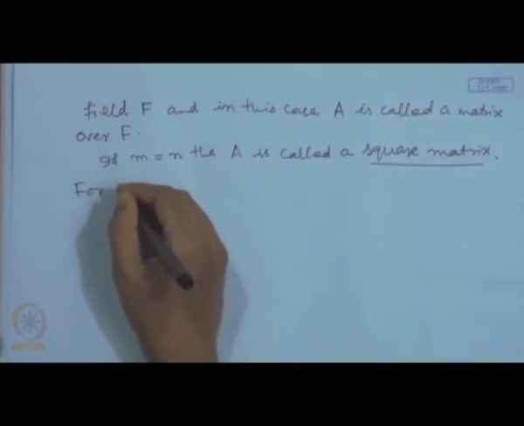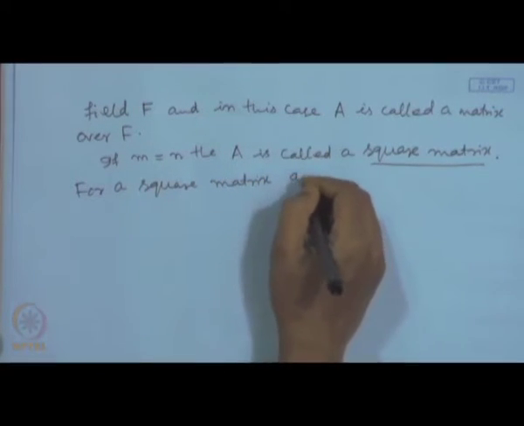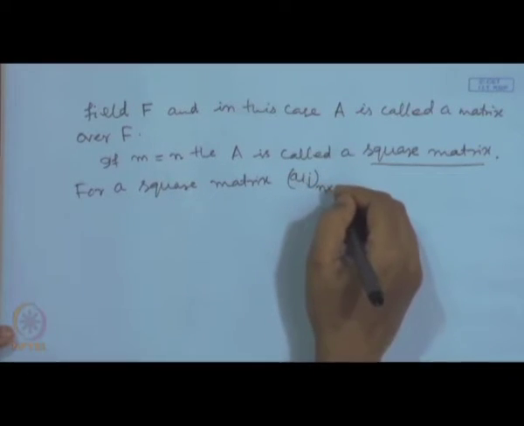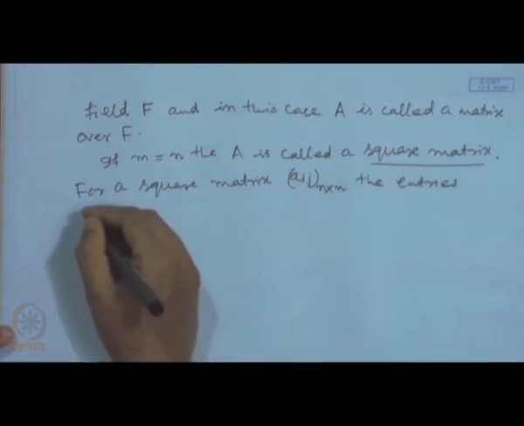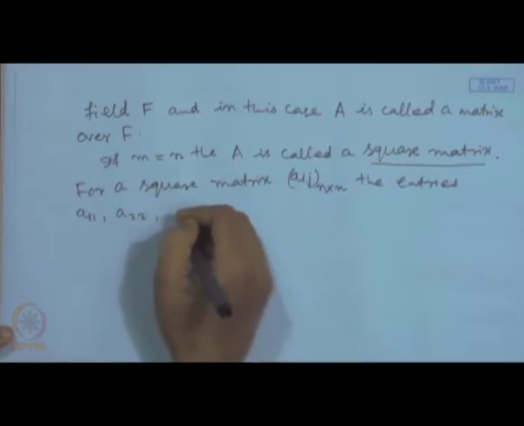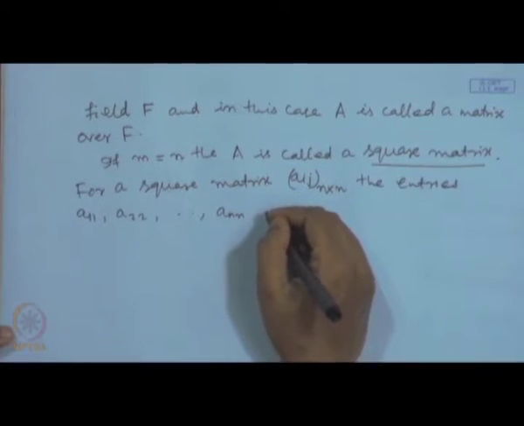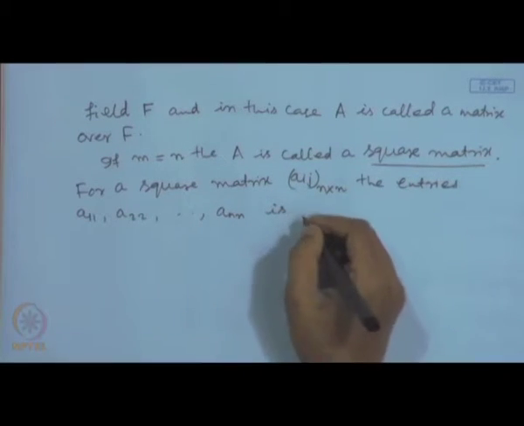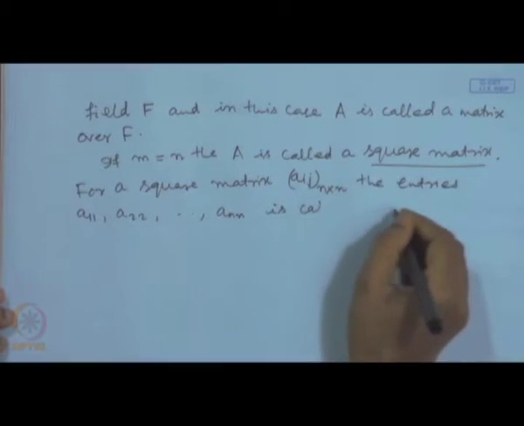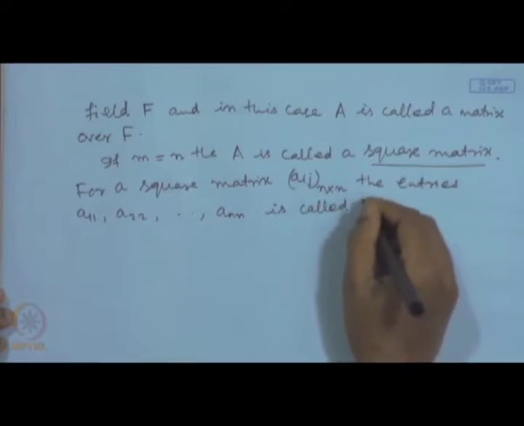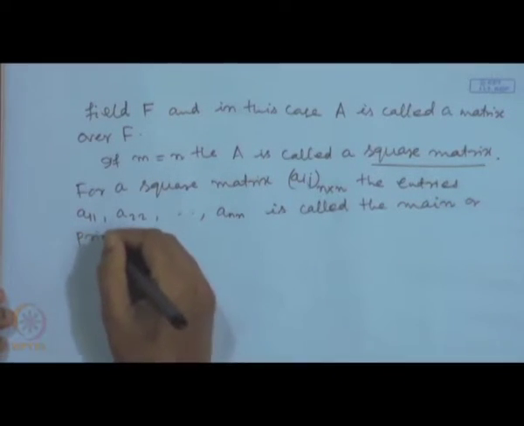For a square matrix Aij, n cross n, the entries A11, A22, up to ANN are called the main diagonal, or principal diagonal.